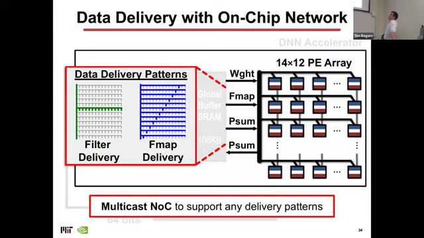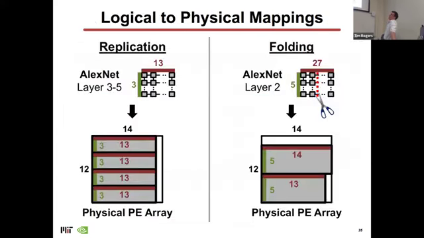If you've got this multicast NoC, and that's what they had created, then you could use any delivery pattern, and the delivery pattern you chose would be optimal for whatever you wanted. So here's some examples of what they did. Here's their physical PE array. This is what they actually have taped out. It's a 14 by 12 array of processing elements. And then they looked at AlexNet.